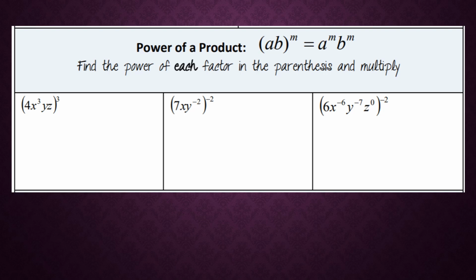Okay, so the other one is a power of a product. So basically what that's saying is find the power of each factor in the parentheses and multiply. So when you've got (ab) to the m power, both the a and the b are going to be raised to that power.